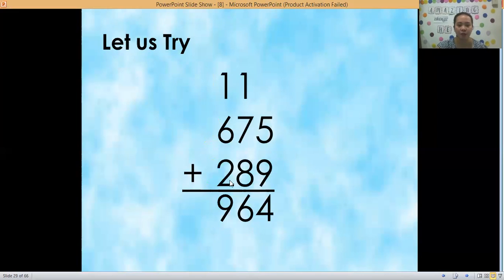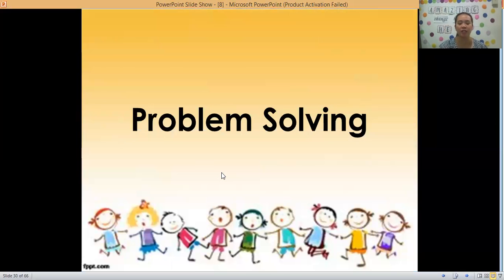Why? 5 plus 9 equals 14. 4 will be here, carry 1. 1 plus 7 equals 8, then 8 plus 8 equals 16, carry 1. 6 will be here. 6 plus 1 equals 7. 7 plus 2 equals 9. So the answer is 964.